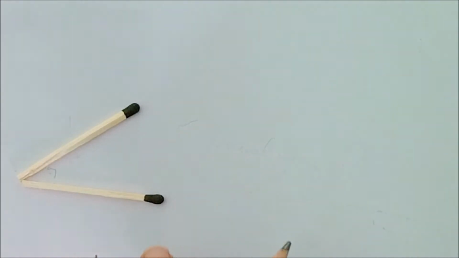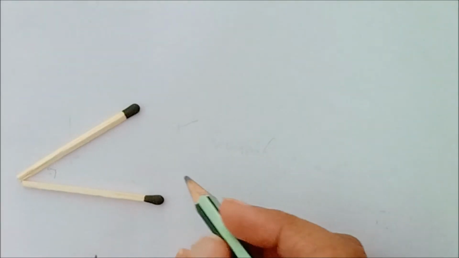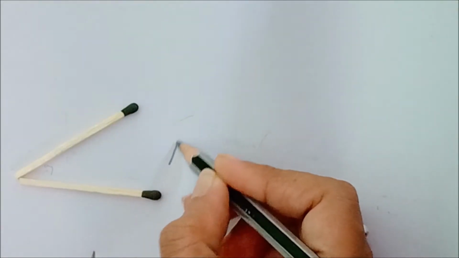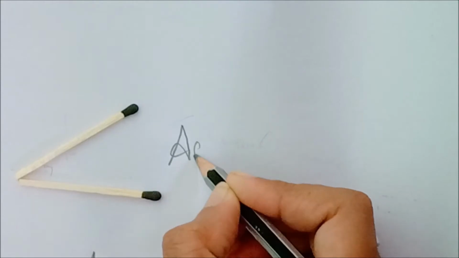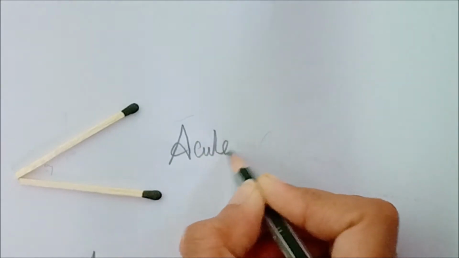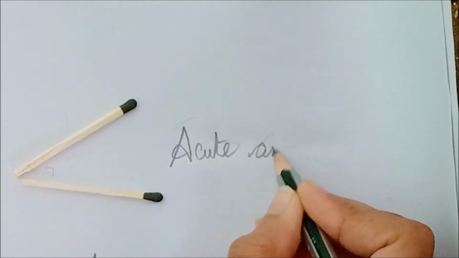It is more than 0 degrees, less than 90 degrees. Very good. This is an acute angle. What type of angle? Acute.